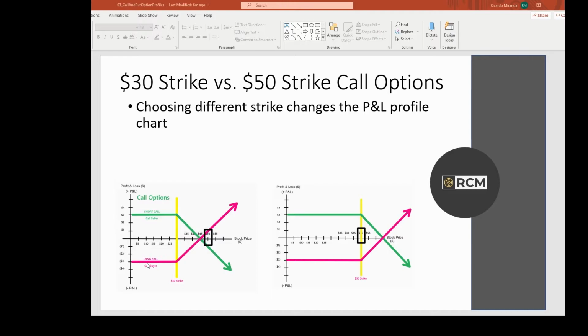In the first case, buying the long call at the $30 strike means that you will be buying the call option with some intrinsic value. And that's because the current market price is higher than the strike price.